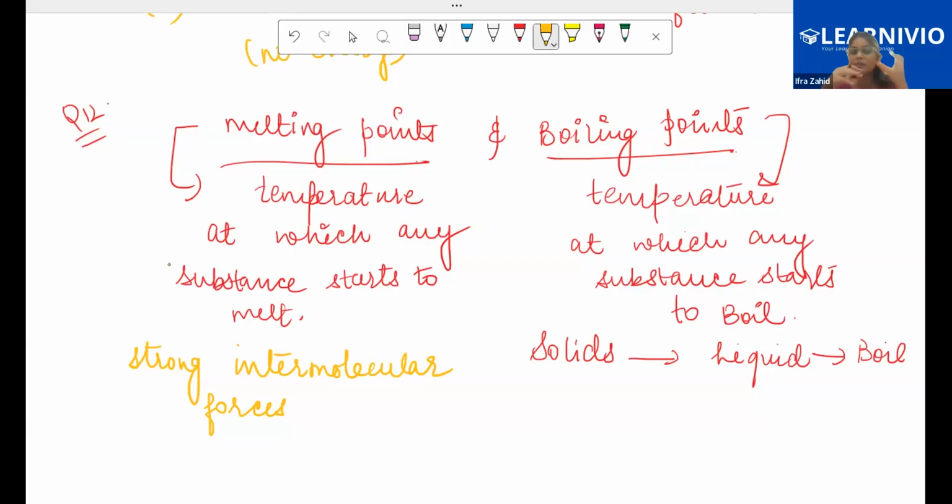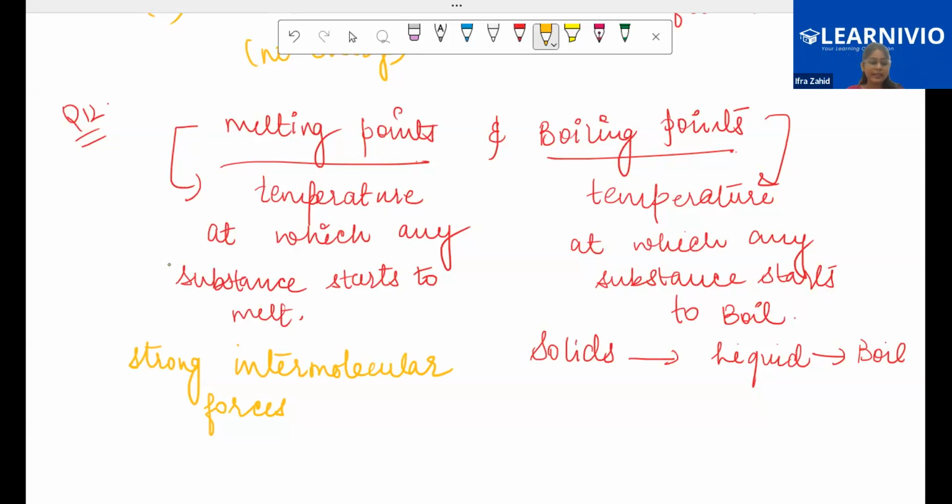Similarly, when the force of attraction is high, more heat will be provided to break them apart. Yes or no? Yes, ma'am. That is why solids have high melting point and high boiling point, because the intermolecular forces between the solid particles are very strong.